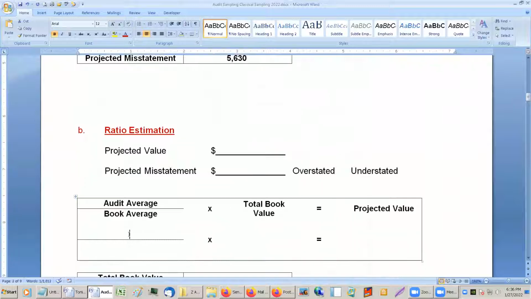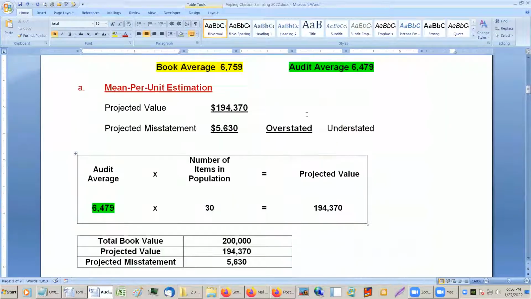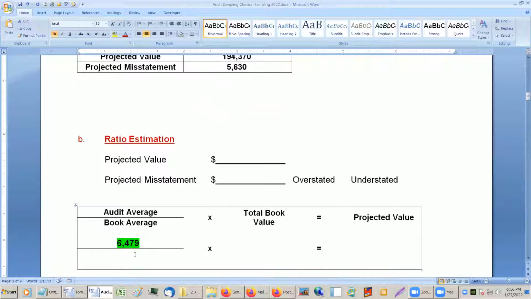here, and the book, and we're going to say, look, there's a ratio here. Let me see what the ratio is.